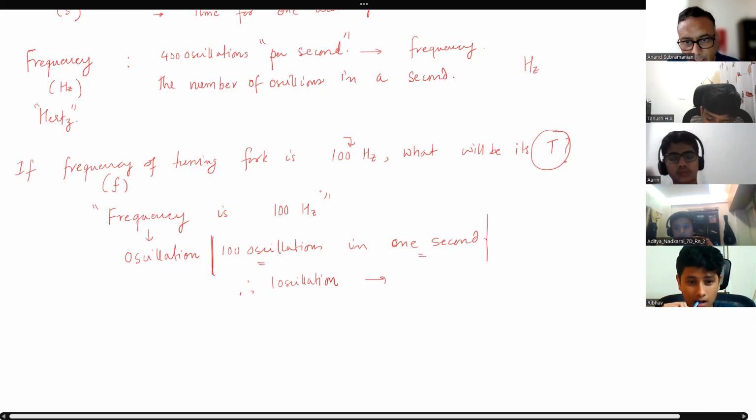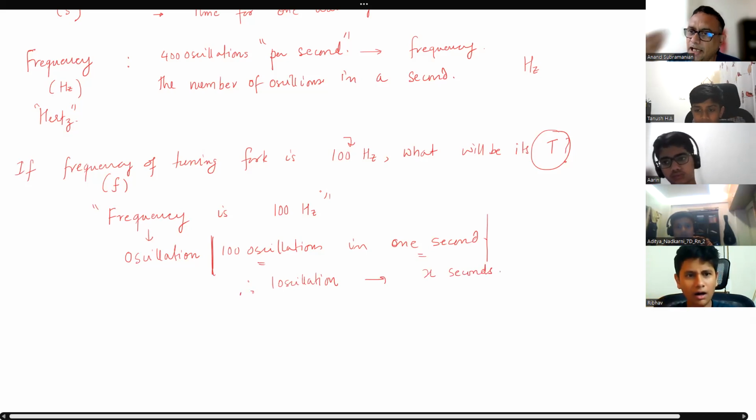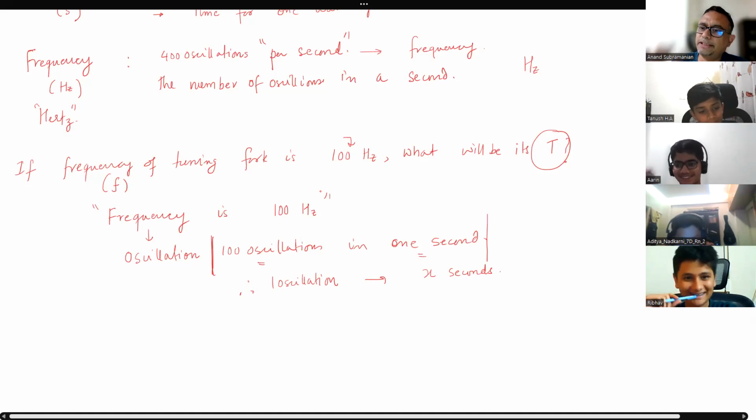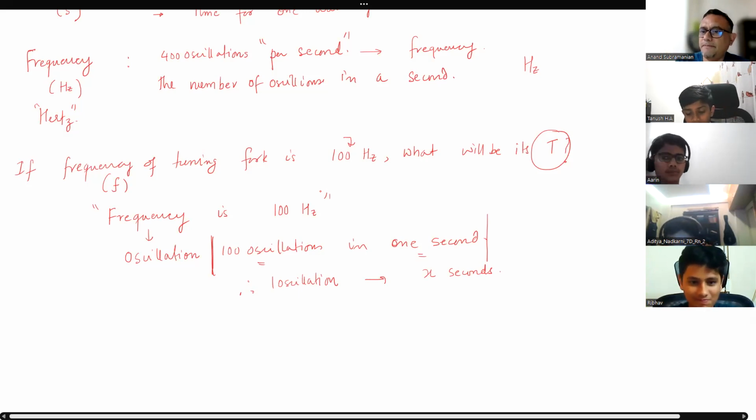One oscillation, how many seconds? For example, 10 oscillations are happening in 1 second. One oscillation will take how much?